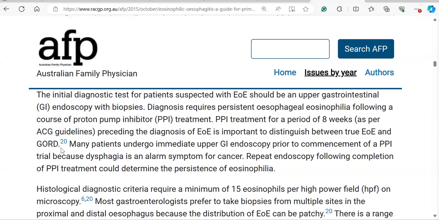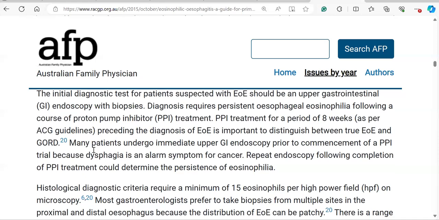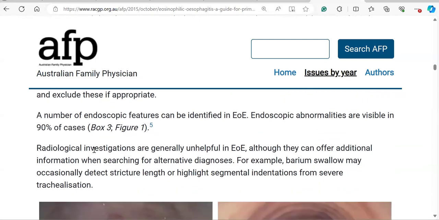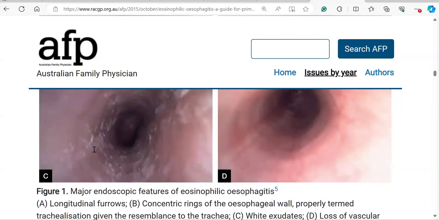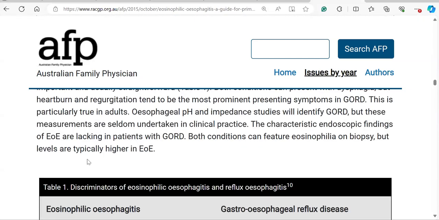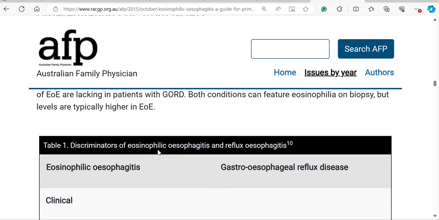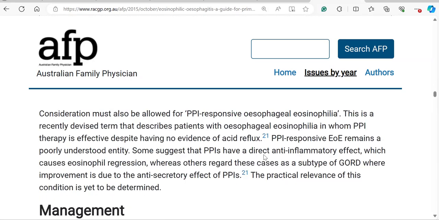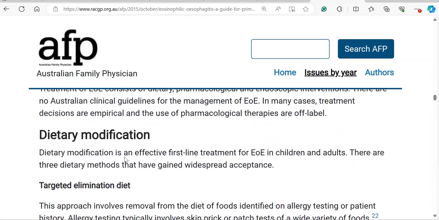So normally you start with a PPI for 8 weeks and then you send the patient for endoscopy. And there are lots of differentiating factors between eosinophilic esophagitis and reflux esophagitis, which you can read.